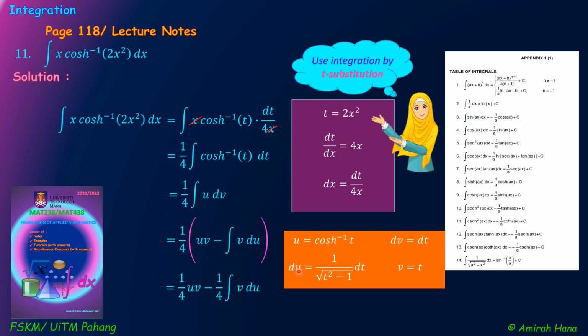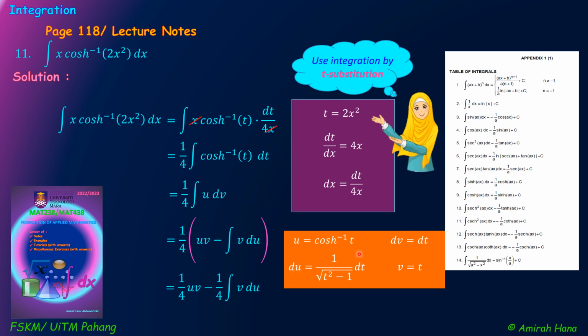Here we should have du over dt, but we move the over dt to the right-hand side, so we get times dt. Why? Because in the formula we only want du, not du over dt. That is why we write du as the subject.